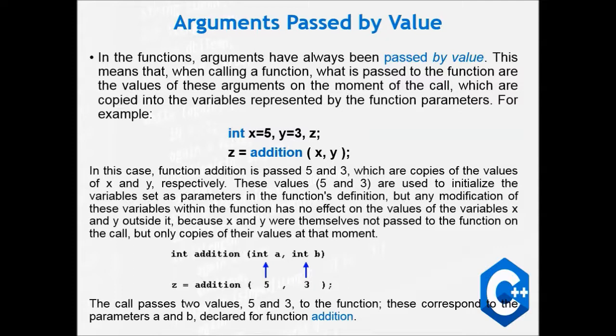So in this case, when function addition is passed 5 and 3, these 5 and 3 are copies of the values of the variables x and y respectively. These values 5 and 3 are used to initialize the variables set as parameters in the function definition.